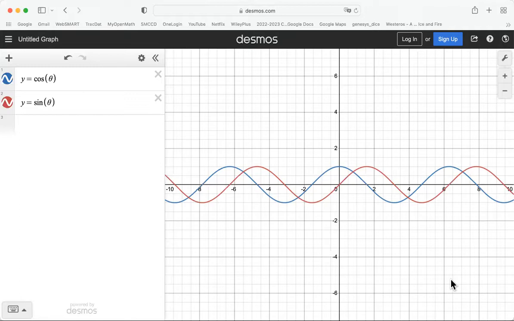So I'm going to do 2 times the cosine of theta. I want to look at these 3 graphs.